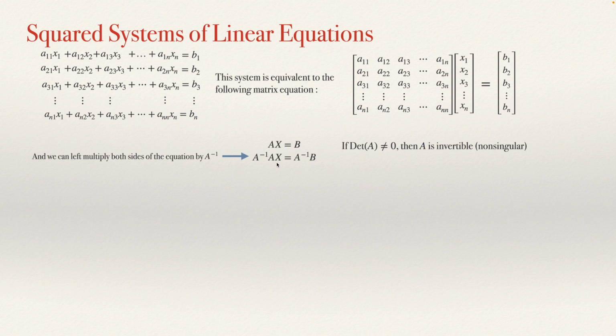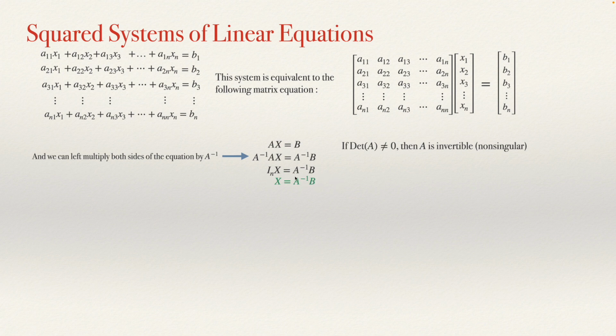And obviously, because matrix multiplication is an associative operation, the inverse of A multiplied by A will produce the identity. So that will be the identity multiplied by x equal to the inverse of A multiplying b. And the identity multiplied by x is just x. So x equals the inverse of A multiplying b.